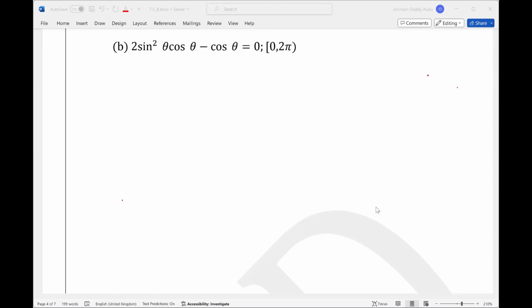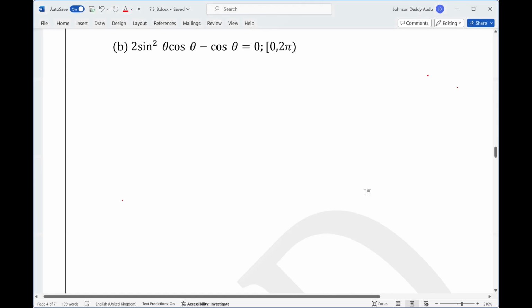All right, so here, what can we do in this question? We can try to factorize first.